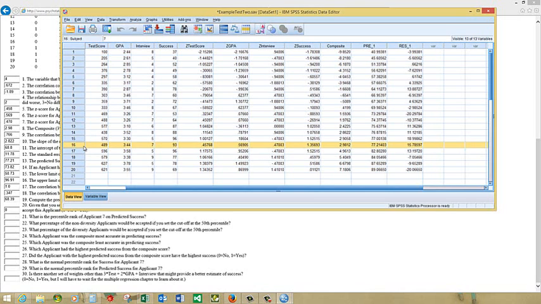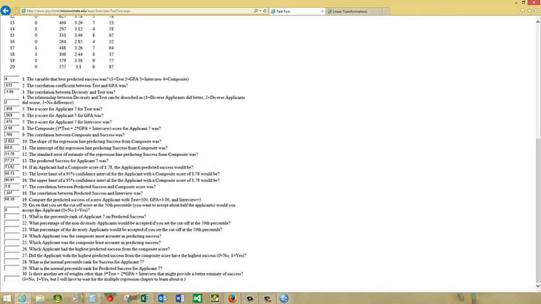So we would have 75 plus, 77.5. So we'll say 77.5 as the percentile rank of applicant 7.